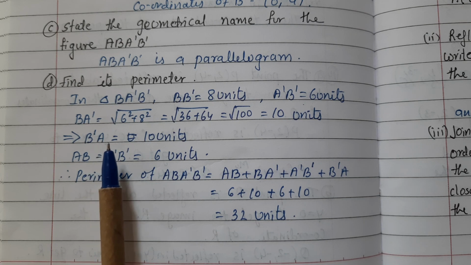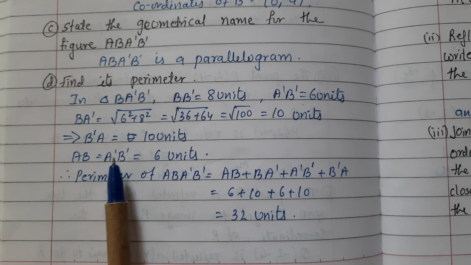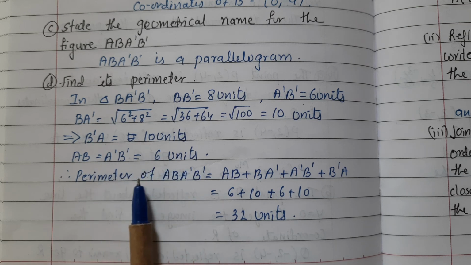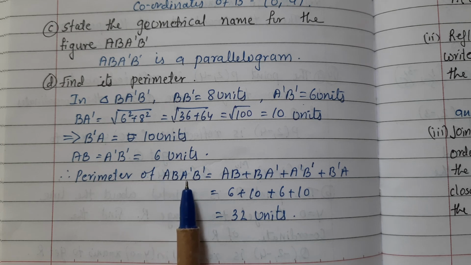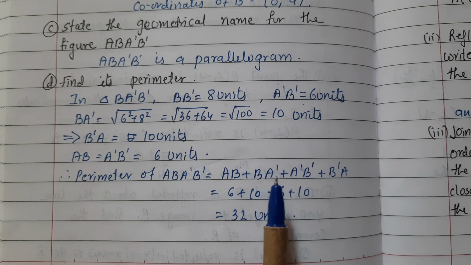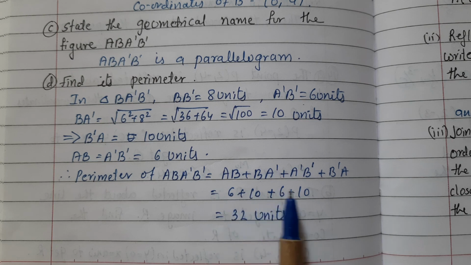B dash A equals 10 units. AB equals A dash B dash equals 6 units. Therefore, perimeter of A B A dash B dash equals AB plus B A dash plus A dash B dash plus B dash A equals 6 plus 10 plus 6 plus 10 equals 32 units.